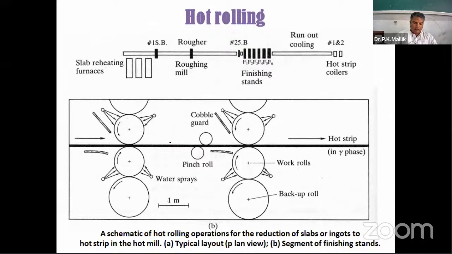Apart from this, other processes are also there, like melting, mineral processing, and the leaching process. All these metallurgical processes involve transport phenomena. Then you come to the basic fundamentals of these phenomena.